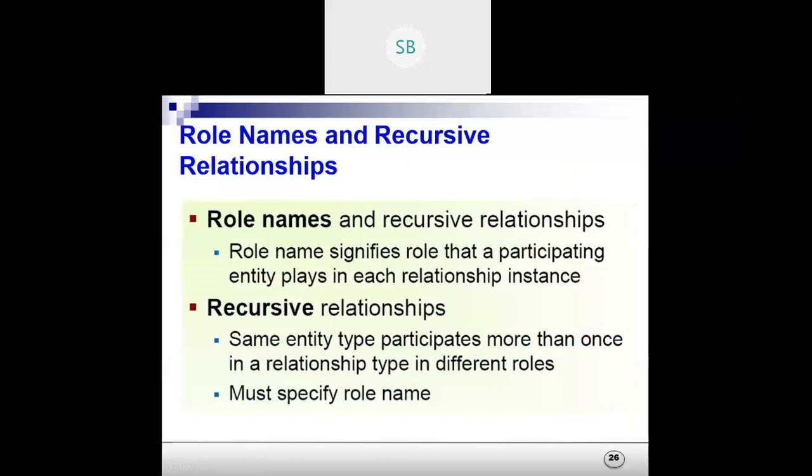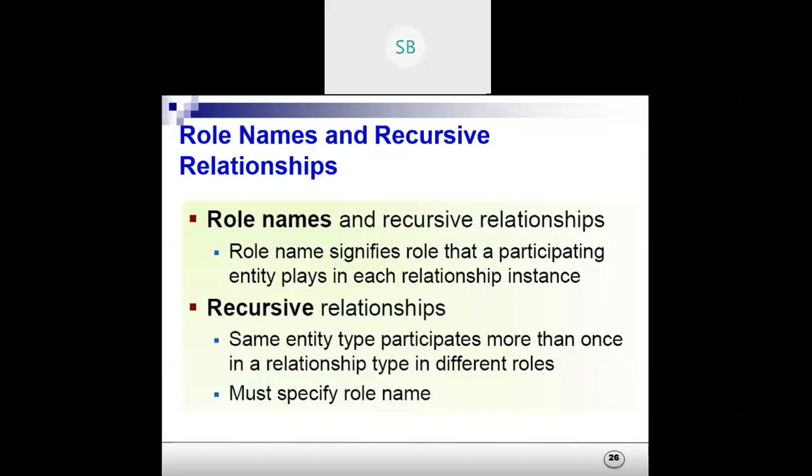Now, role names and recursive relationship. You studied about recursion in C also, which means calling itself. So it is not always necessary that for a relationship you need two different entities. Obviously you need two entities, but those two entities can be the same entity itself, like we have a self loop in C programming.